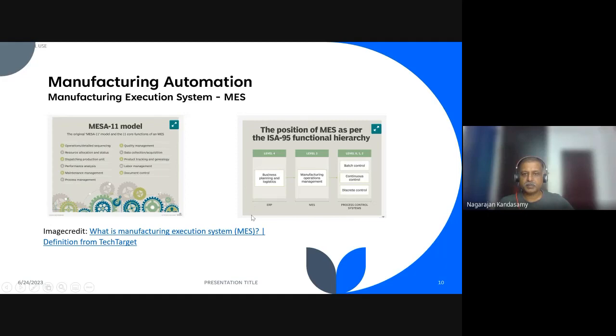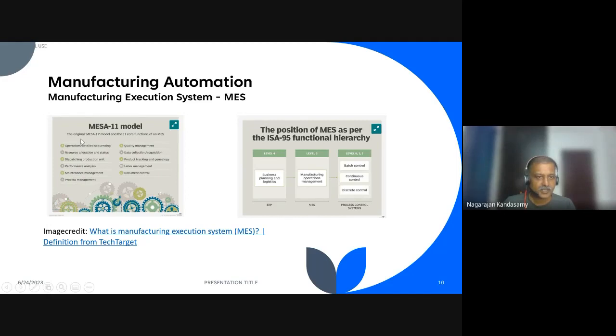They all will be using the ERP systems. But the connect between the ERP systems, which is the top floor or the corporate level layer, and the shop floor, the lowermost layer in the organization where things are manufactured, is the MES, a bridge which connects in terms of data. So this gives an idea about where MES comes into the picture in an organization setup from an IT standpoint.